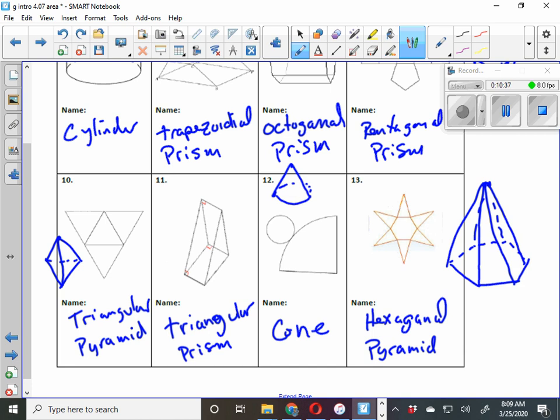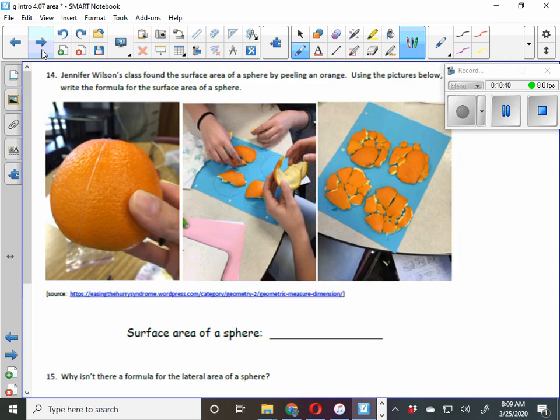One more concept here, you guys, for surface area. I would go to this website. It's pretty cool. Their concept for this is they take an orange, which is theoretically a sphere. It's not perfect, but it works.